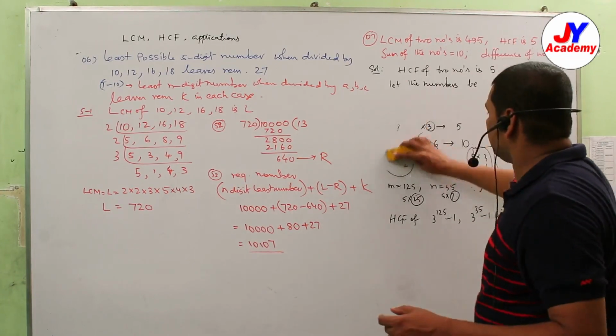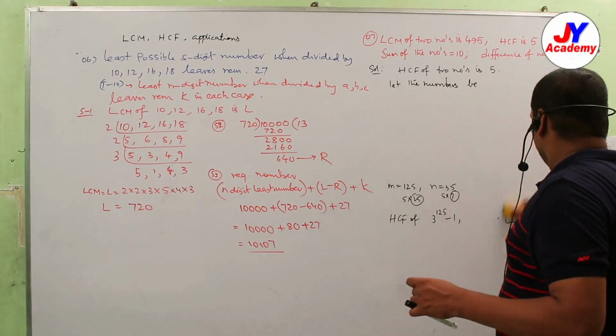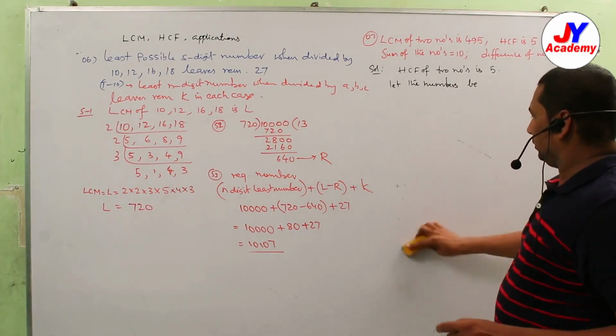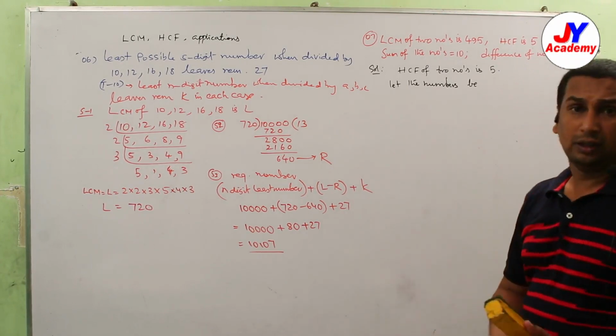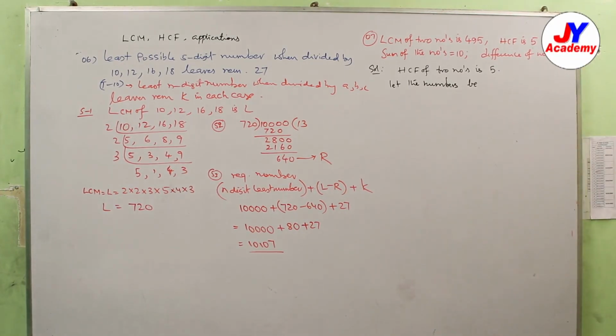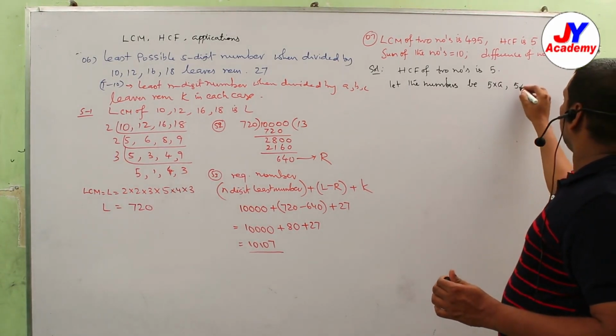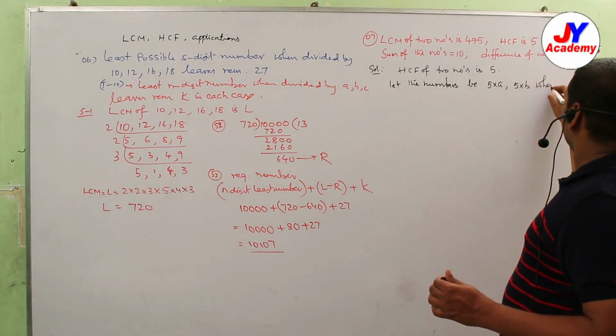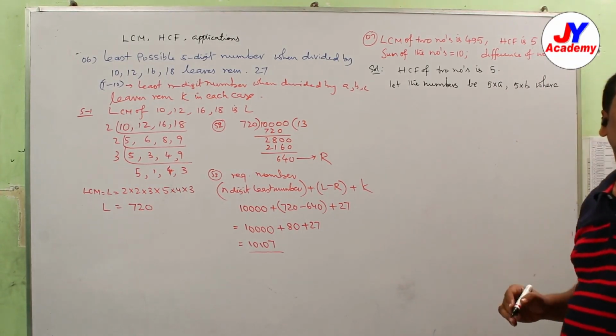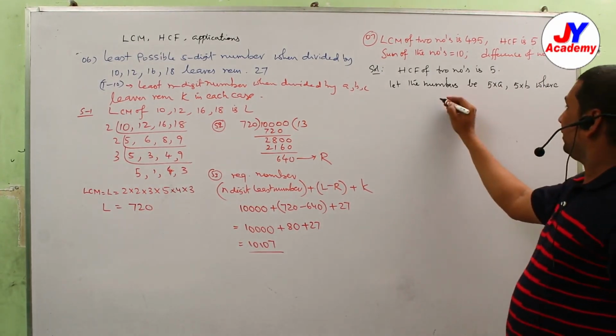HCF is given. What is the HCF here? 5. So the numbers are 5 into A, 5 into B. Here what is the must and should condition?